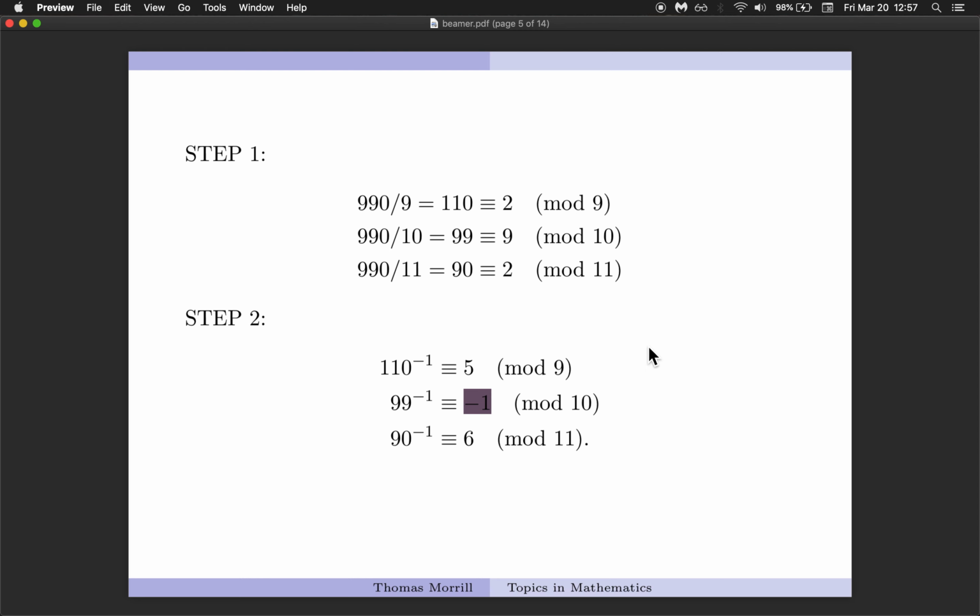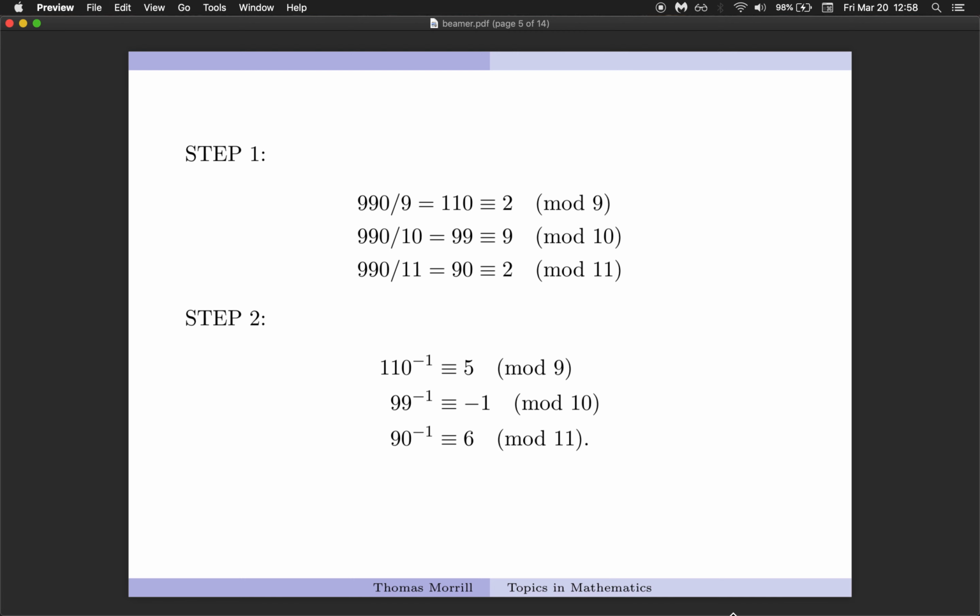I'm allowed to use negative numbers, and this will make the formula on my next slide a little bit easier to work with. Then finally, I take my 90. 90 reduces to 2 modulo 11, and I can check that 2 times 6 gives me 12, which is 1 mod 11. So my inverses are now 5, minus 1, and 6.